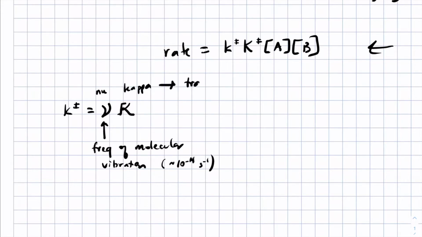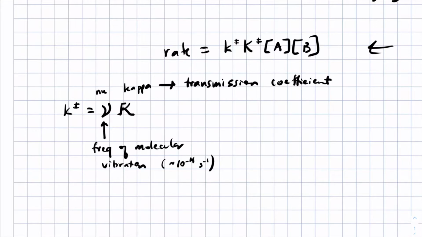This is the Greek letter kappa, drawn in a terrible way. Greek letter kappa is what's called a transmission coefficient, and this is related to the fact that crossing the transition state is not 100% perfect, right? You get there, and sometimes depending on your precise geometry, that molecular vibration may not push you over the edge.